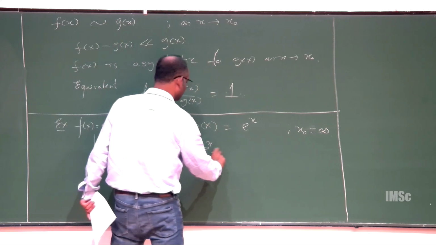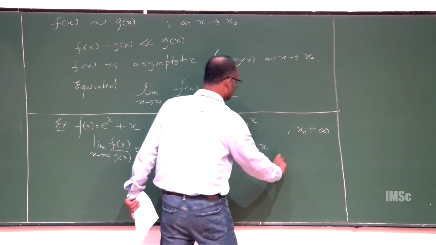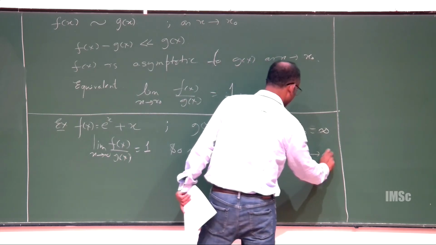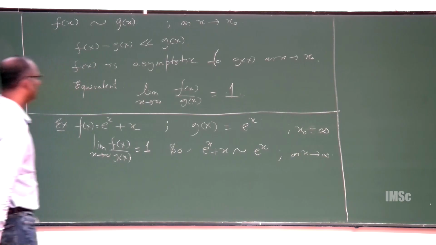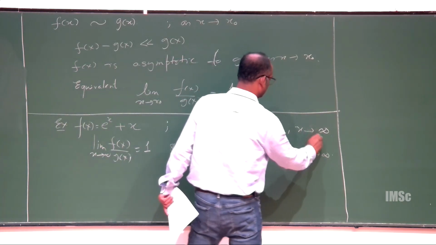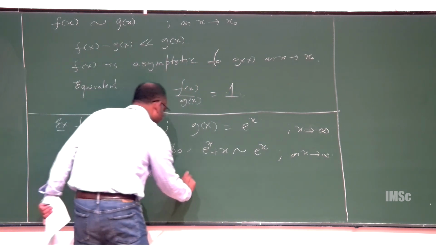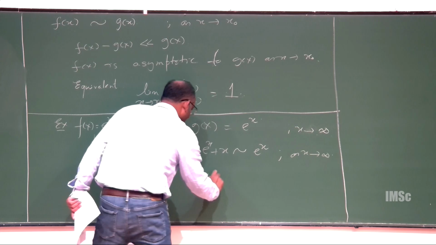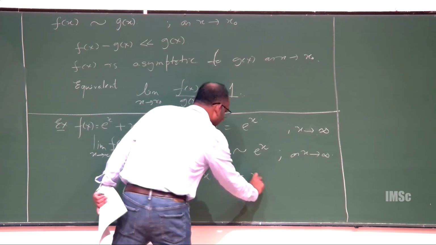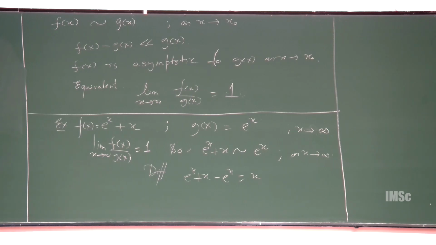So e to the x plus x is asymptotic to e to the x as x goes to infinity, but the difference does not go to 0. You have a very large difference for a large value of x.